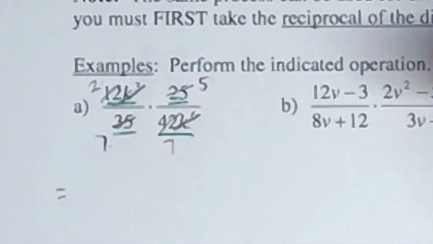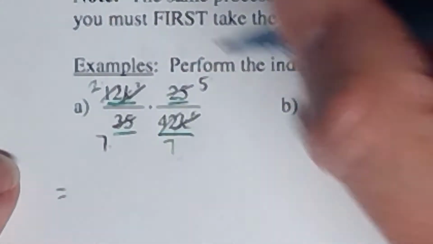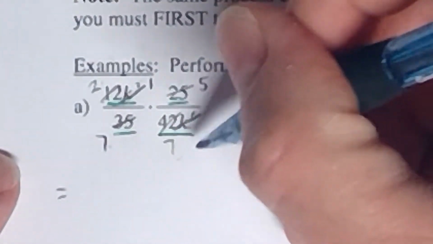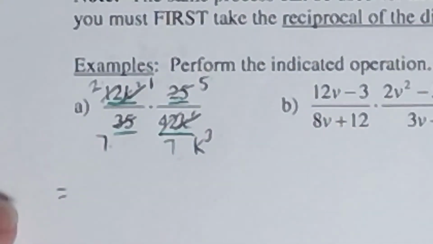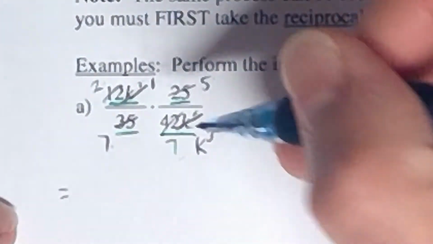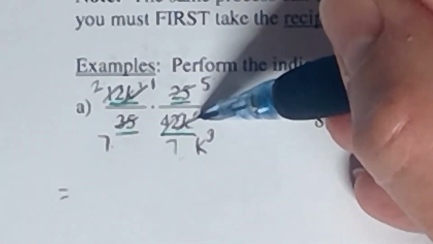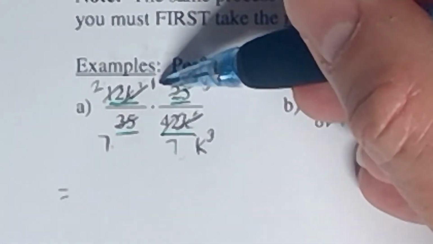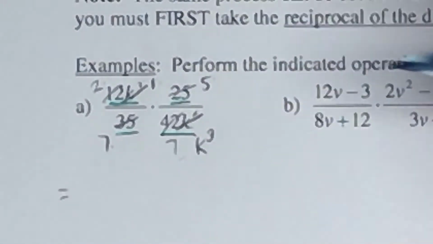So I get K to the 3 and K to the 6. 3 minus 3 is K to the 0, which is equal to 1. And then 6 minus 3 gives me K to the 3rd.